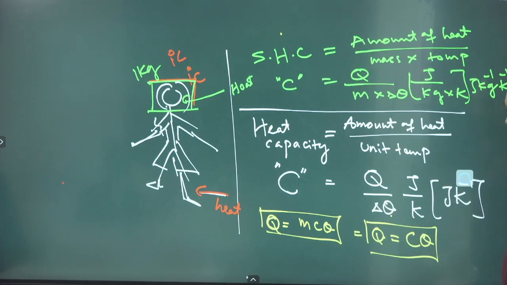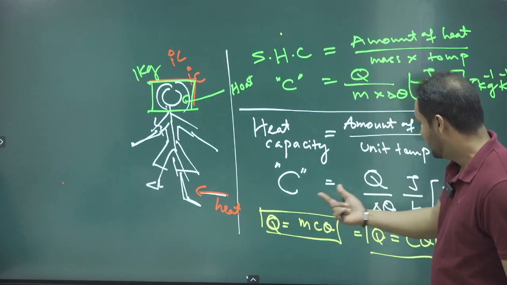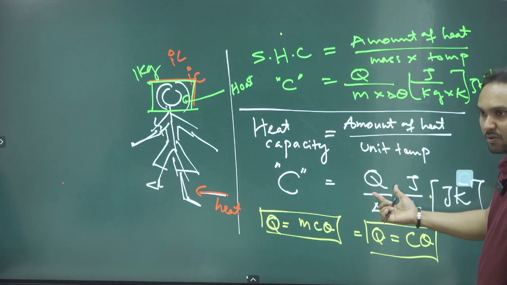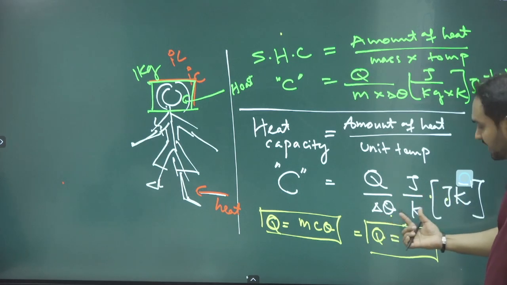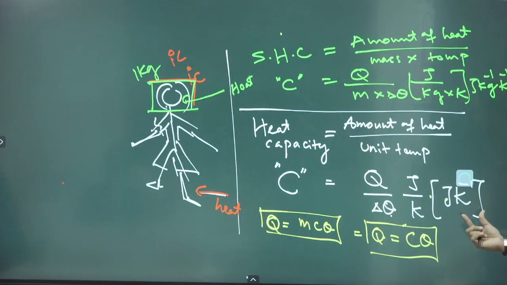The unit of heat capacity: Q, the amount of heat, is in joules, and delta theta, the temperature, is in kelvins. So joules per Kelvin is the unit, right?